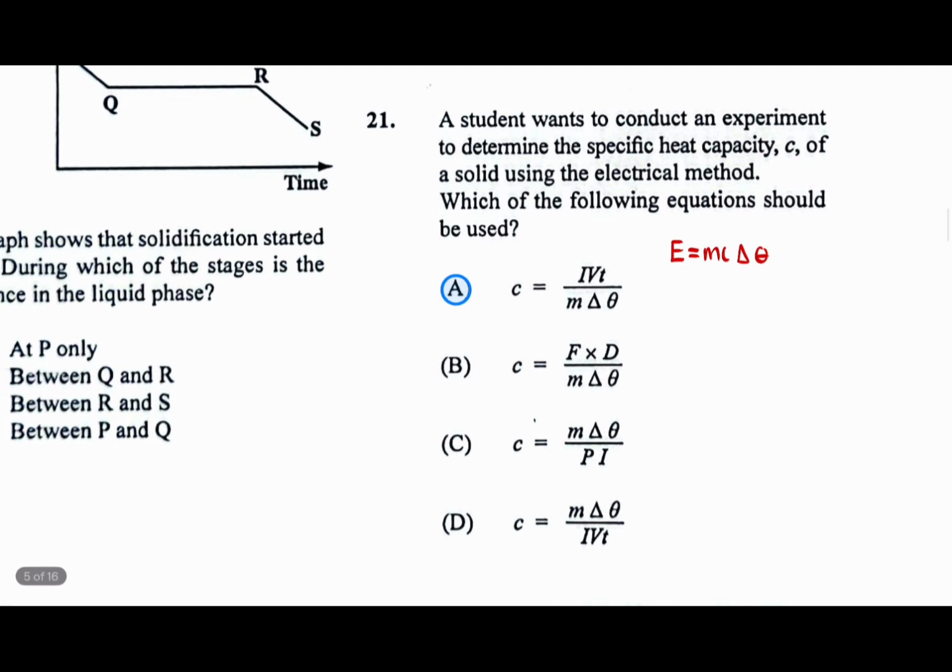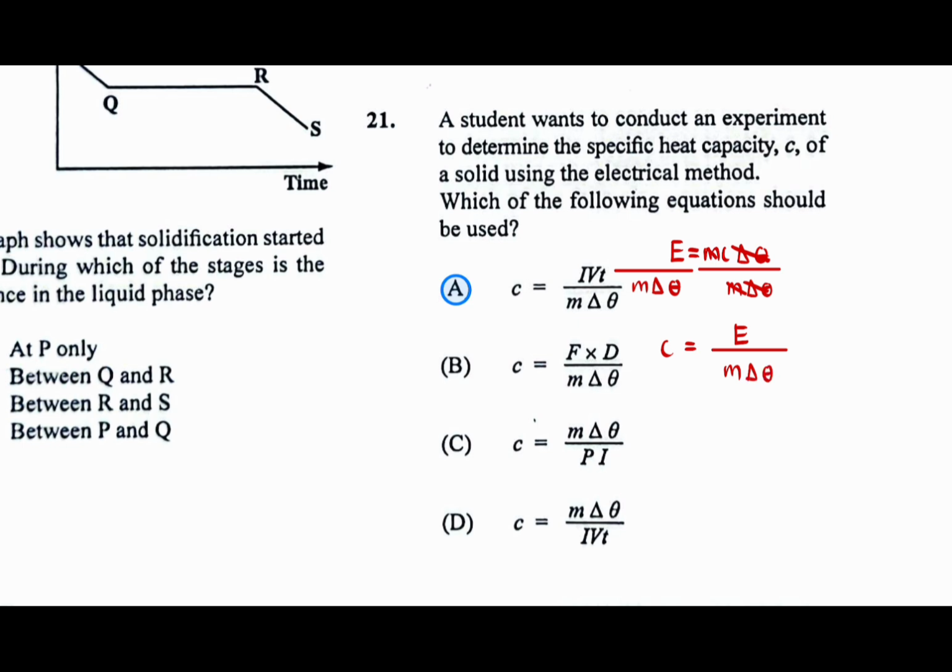So if I want to make C the subject, first of all, I would have to divide both sides by m delta theta. I'm doing this so that on the right hand side, the m's would cancel off and the delta thetas would cancel off. So I end up with C is equal to E all over m delta theta.